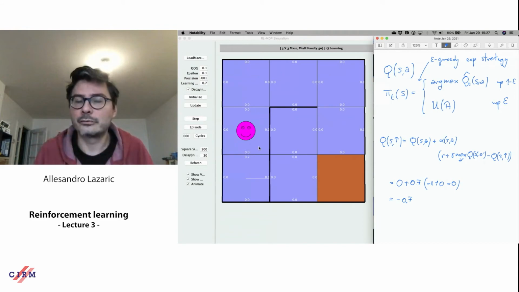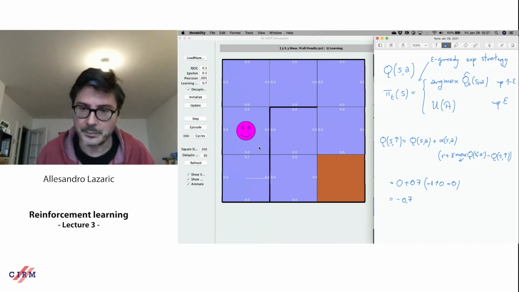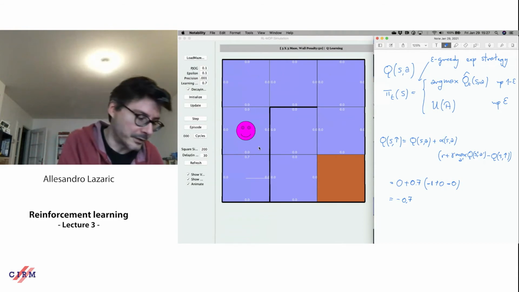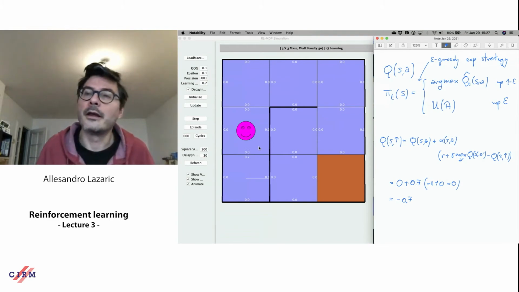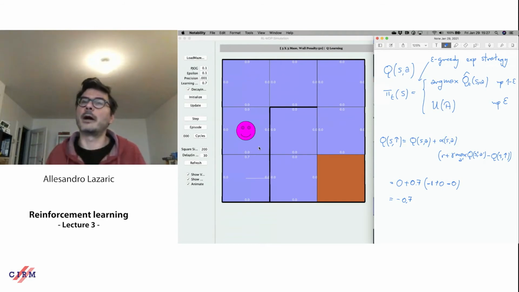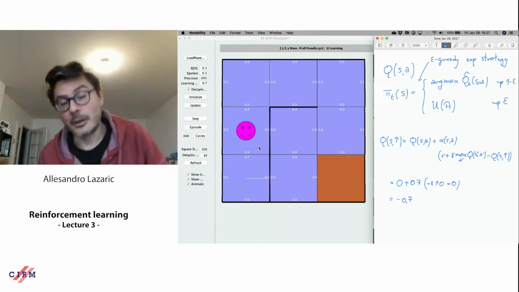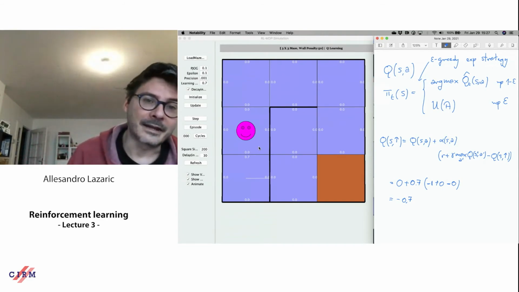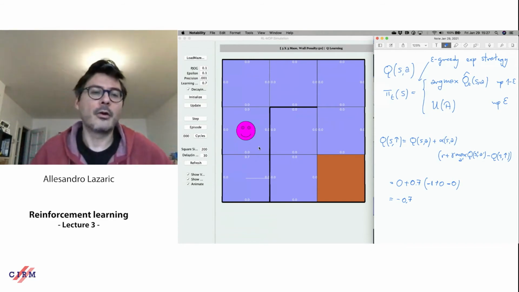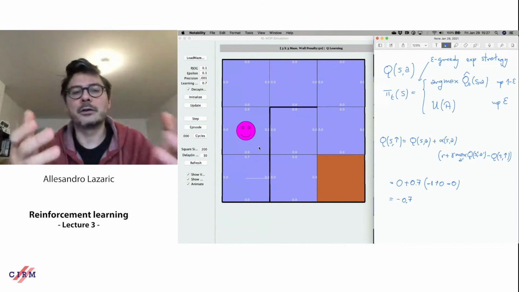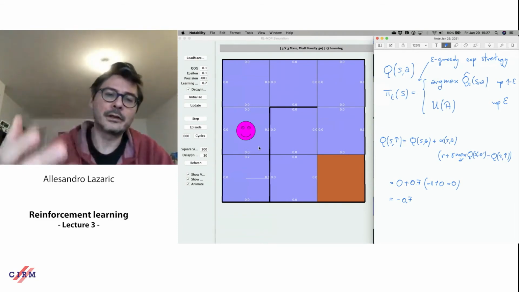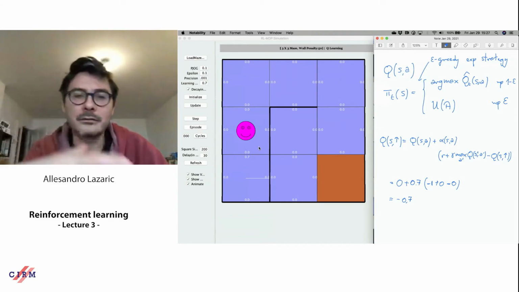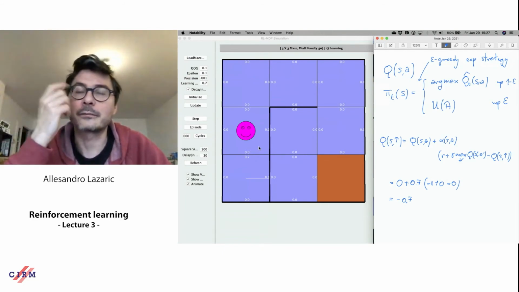So if you had to solve this problem on a piece of paper, and I told you just this number, you were in state 1, you ended up in state 2 by taking action 1, and this was associated with a reward of -1, you would not be able to get much of a sense of what's going on. Of course, usually we are biased because we see that it's a maze, we know that there are walls, we know that there is a goal, we know that the objective is to get to the goal as fast as possible.